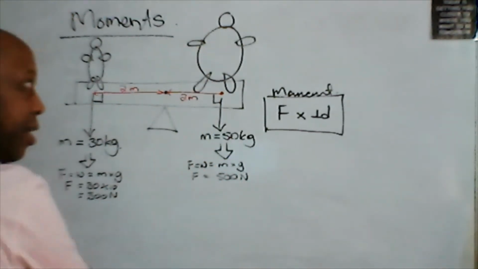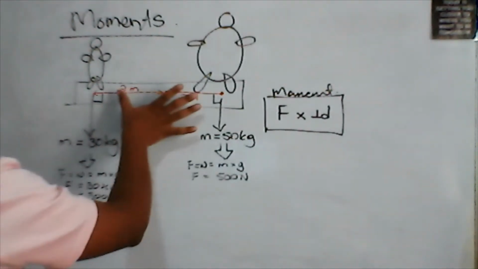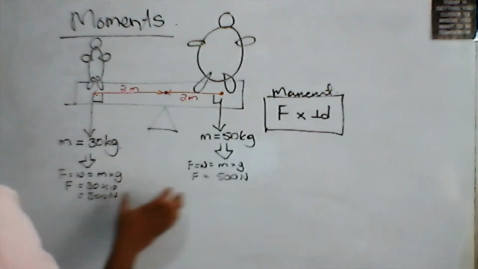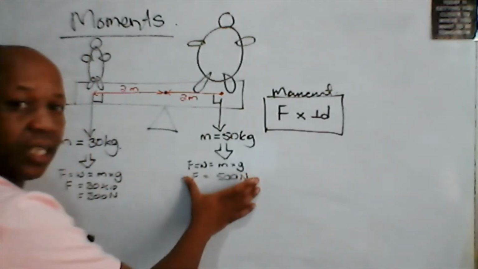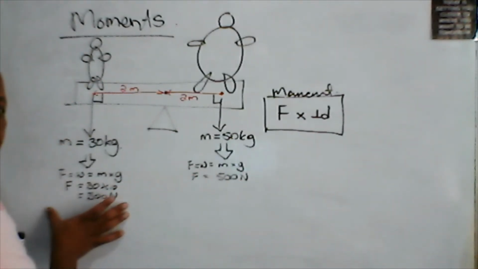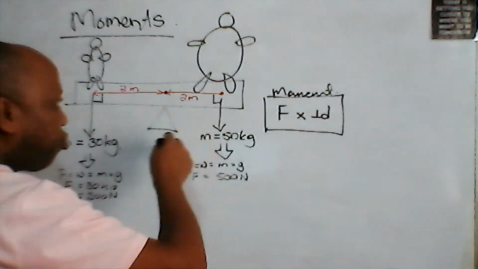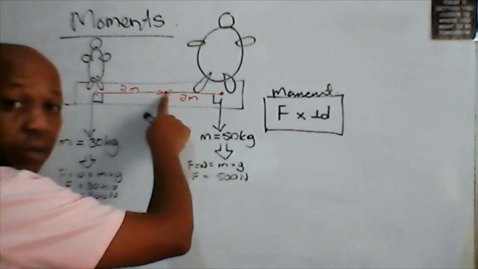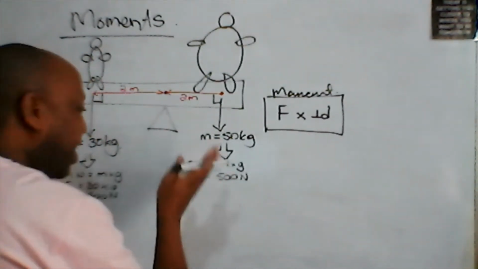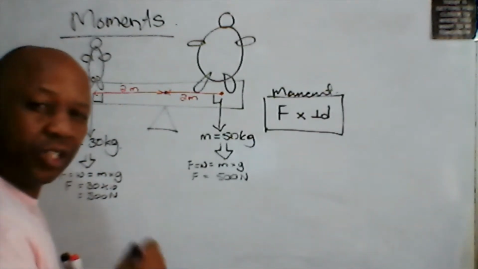Right then. Now, we have two scenarios here. If we look at this system, we can see that on the right-hand side, we have a much bigger force than we do on the left-hand side. So, if you imagine this as a rotating system, obviously because it's got a pivot, then we can conclude that to balance this, you will need a resulting 200 newtons.